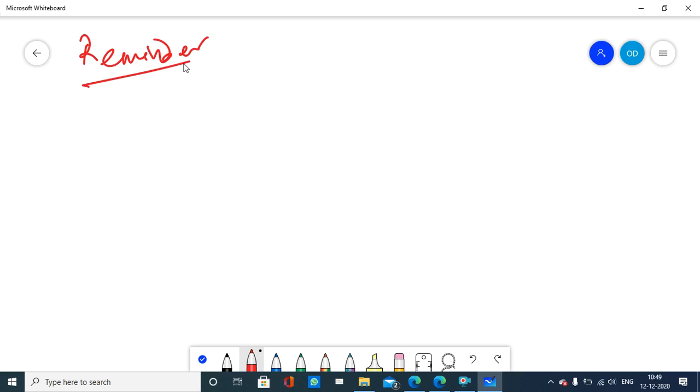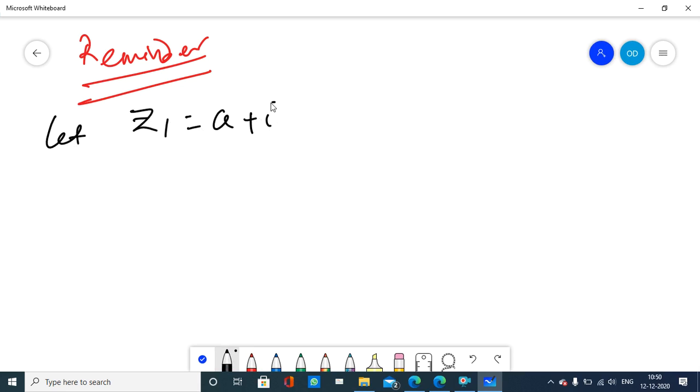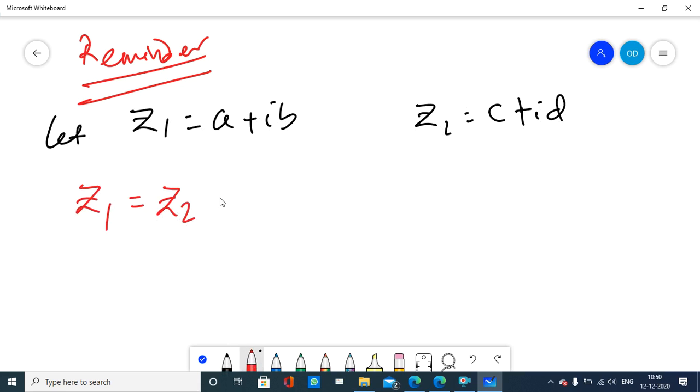Okay, still let me just remind you. Let Z1 and Z2 be two complex numbers. Let Z1 is equal to a plus ib and Z2 is equal to c plus id. Then Z1 will be equal to Z2 if and only if their corresponding real parts are equal and their corresponding imaginary parts are equal.